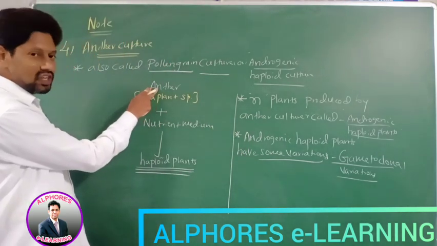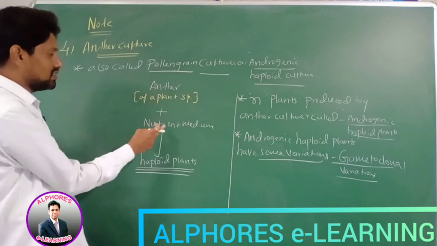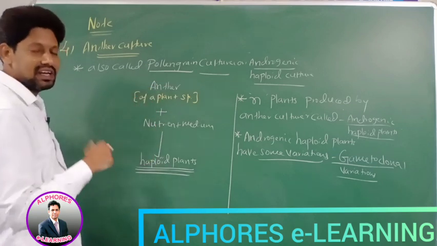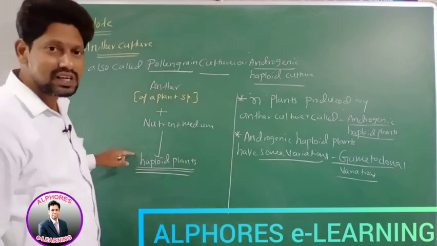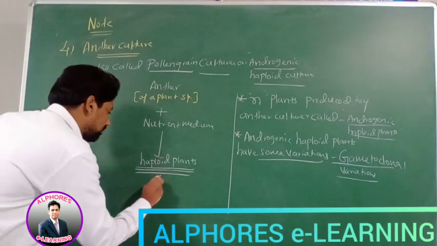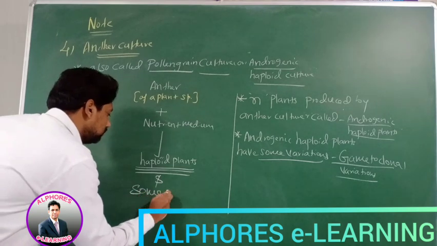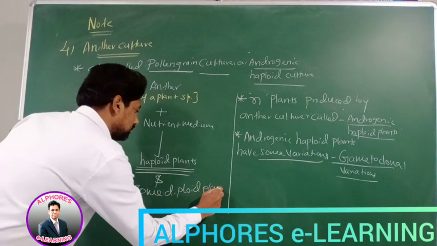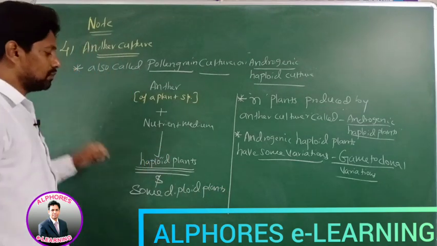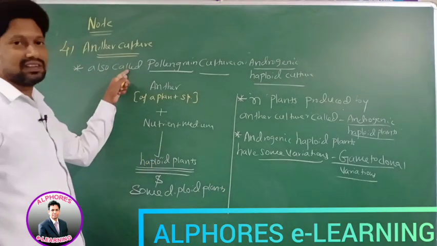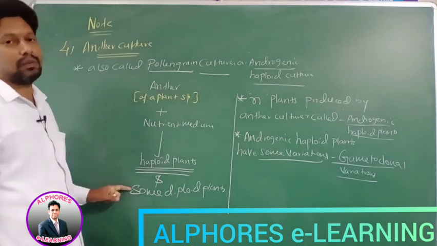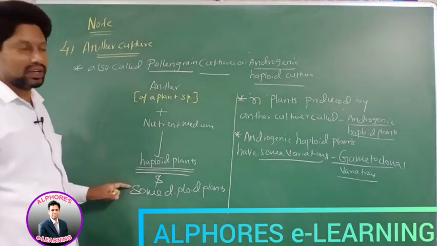Now listen to this statement. Sir, when we are culturing anther of a plant species on nutrient medium, this anther produces which plants? Haploid plants and some diploid plants. Therefore, in anther culture, among haploid plants, you can see some diploid plants. Is this statement okay? Right?